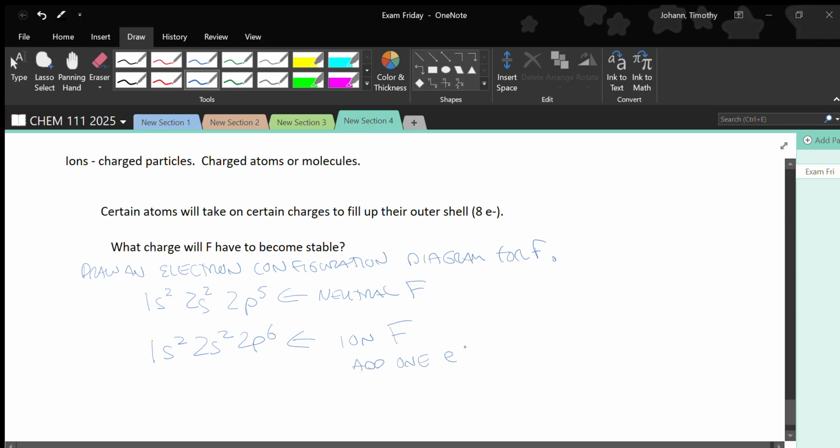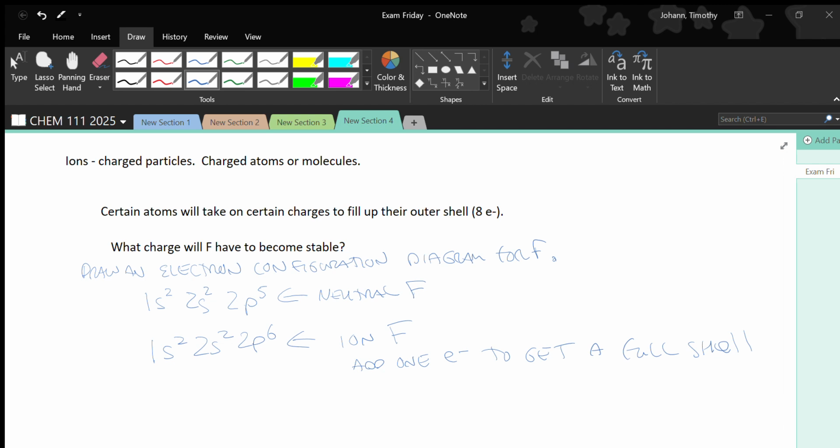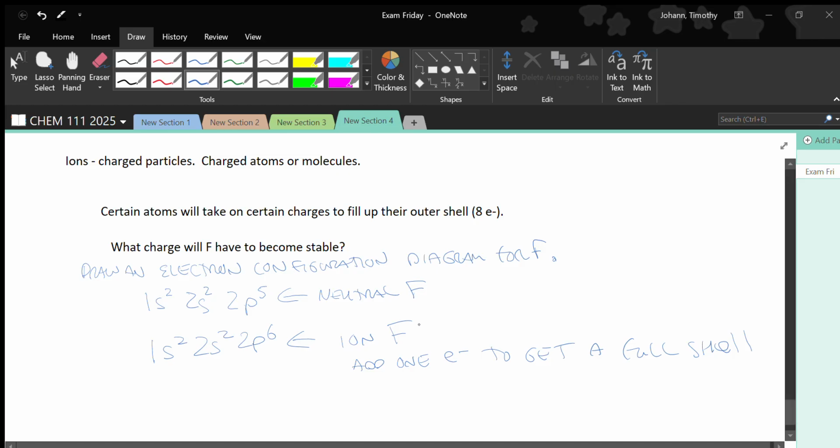Add 1 electron to get a full shell. And if I add an electron, what ends up being the charge for fluorine? What is the charge on an electron? Negative, right? So the ion fluorine is going to be fluorine minus.